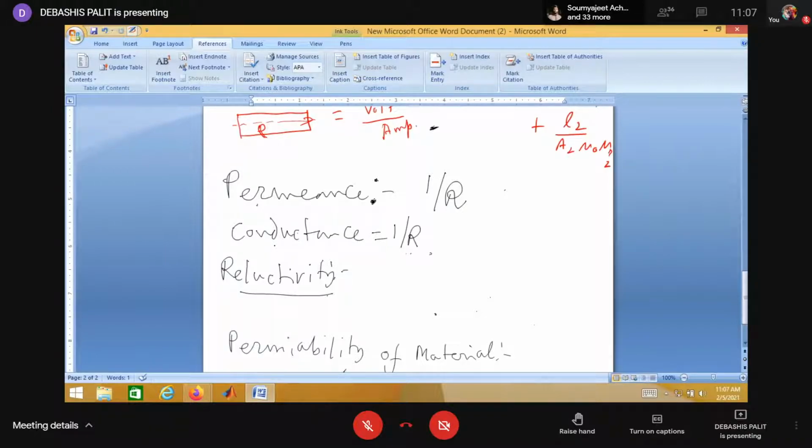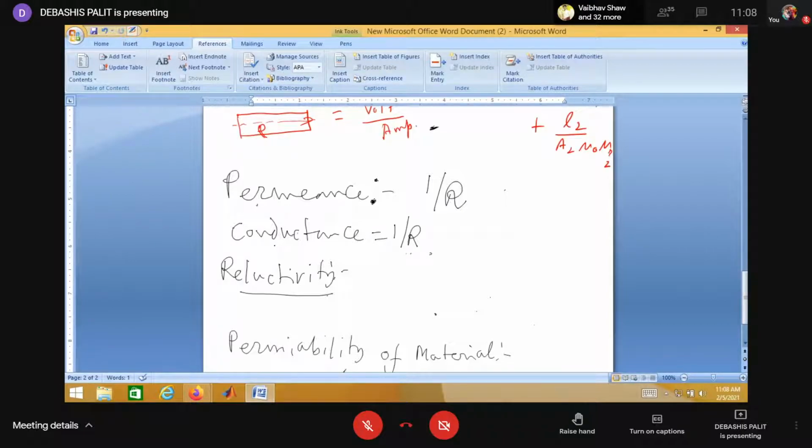That is your specific reluctance of that magnetic circuit, and that is defined by a property of the magnetic material. Just like resistivity defines how much resistance is there, reluctivity also defines how much reluctance is there in a magnetic circuit.